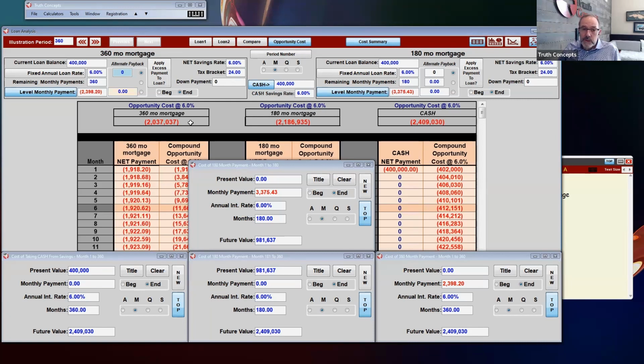And the one that was supposed to be the most expensive, the 360-month mortgage, is actually the least expensive at $2,037,000 versus cash, which is supposed to be the least expensive, is actually the most expensive at $2,409,000. And the 180-month is in between there. But the longest mortgage is actually cheaper when we can take advantage of a tax deduction on that interest.